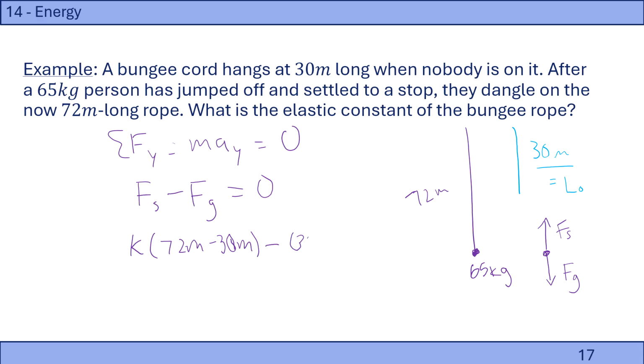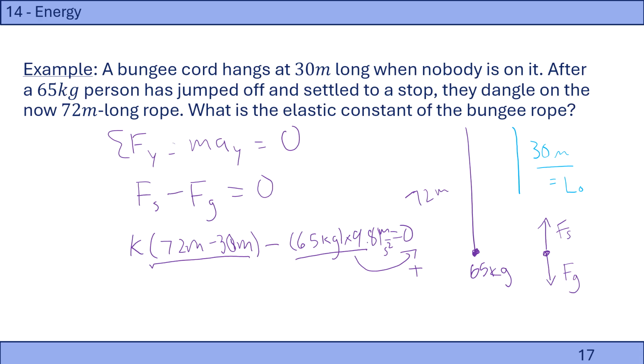The mass is 65 kilograms times 9.8 meters per second squared, and this is going to be equal to 0. Yeah, if you solve for k, so you would add this over there, and then divide out this 72 minus 30, or 42 meters.